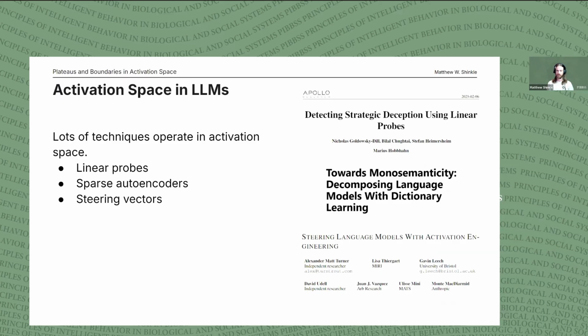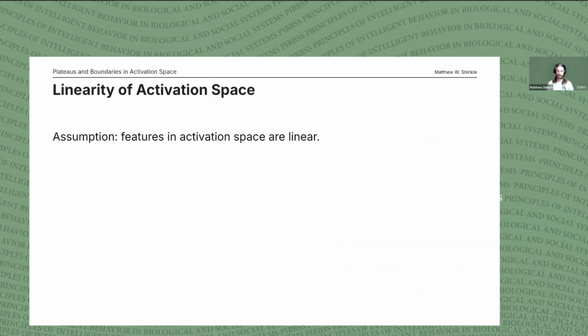And furthermore, attempts to shape model behaviors like steering vectors work by adjusting the positions of activations, again, within the space. You may have noticed the word linear in a lot of those methods, linear probes, linear steering. And indeed, many of these techniques make assumptions about the linearity of representations in activation space.